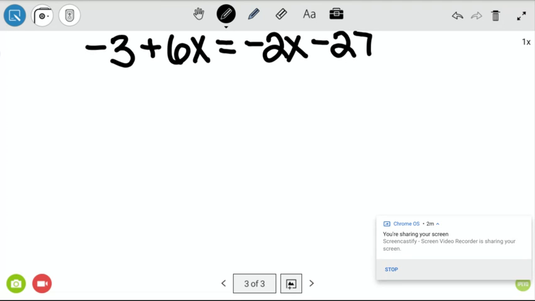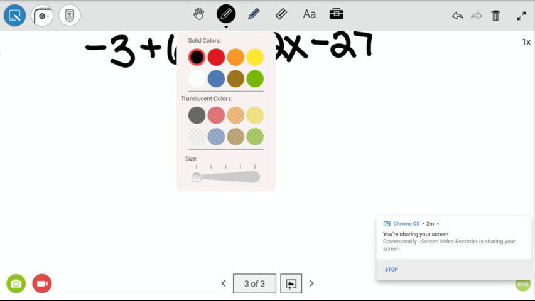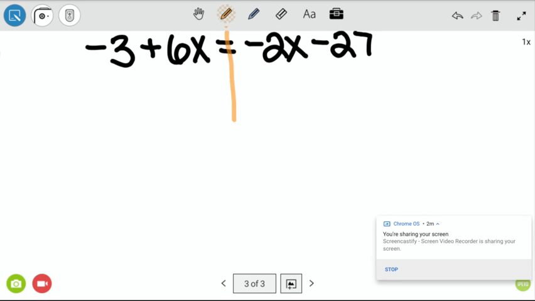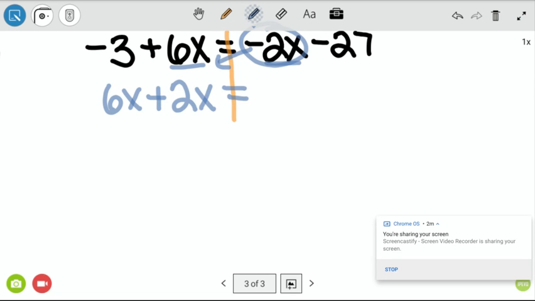All right, so on this one, we have two terms with variables. I'm going to put my equal sign. We got two terms with variables that we want on the left. The 6x is already there, but this negative 2x needs to cross over, so it's going to become a positive 2x. We always change signs.